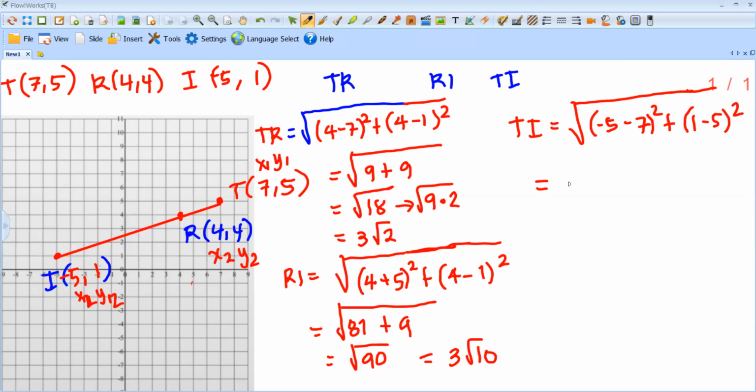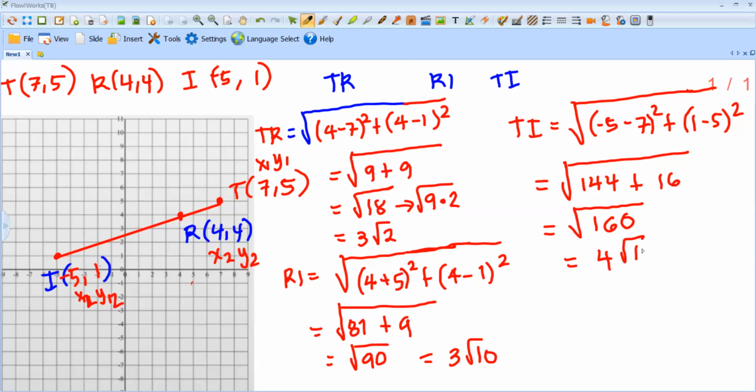Therefore, we have the square root of negative 5 minus 7, which is negative 12 squared is 144, plus 1 minus 5, which is negative 4, squared is 16. So it should be 144 plus 16, which is 160. So 160 is 4 square root of 10, right? Is that correct?